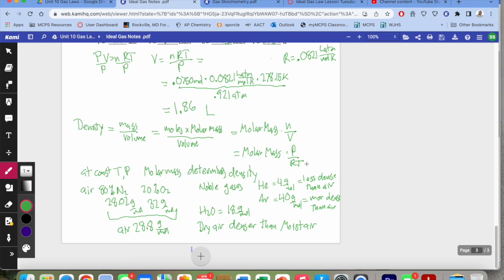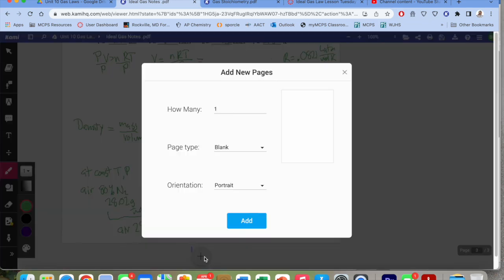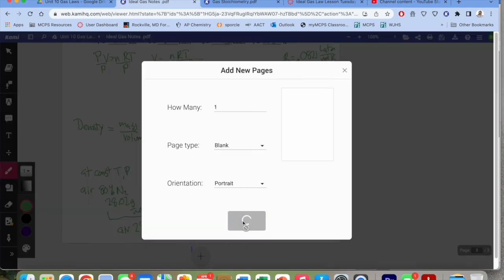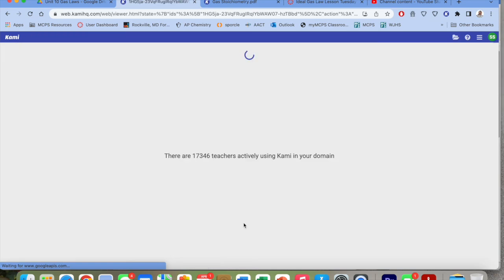The other thing, of course, that you can see here is that as the pressure goes up, the density of a gas goes up, but as the temperature goes up, the density of a gas goes down. And that's going to be important for things like, let's add a page, right?